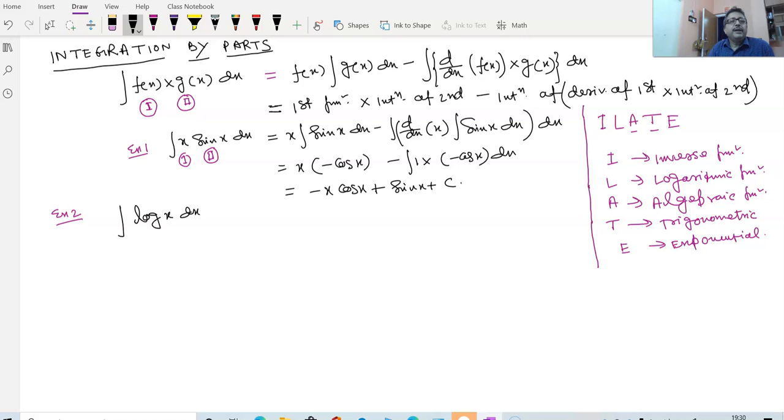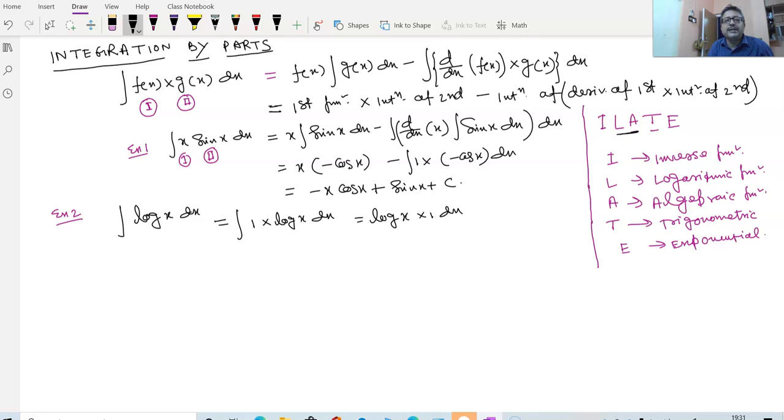We can integrate it by parts if we assume that this is a product of two functions, 1 into log x. Then one is algebraic. You can see that in this order, logarithmic comes first, then algebraic. So log x will be the first function and 1 dx is the second function.